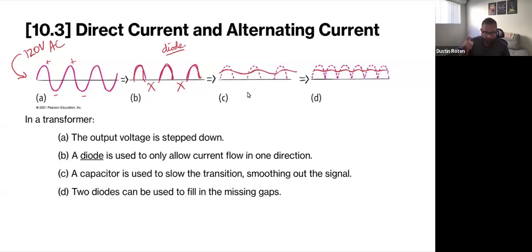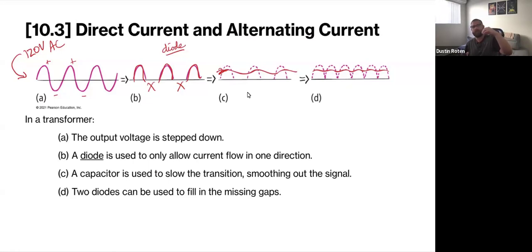From there, in picture C, we're going to stick in a capacitor. Because a capacitor is not instantaneous, it takes just a little time to charge and discharge. What you're seeing here is essentially it's trying to charge. You can see it increasing, but it doesn't get all the way up there, right?